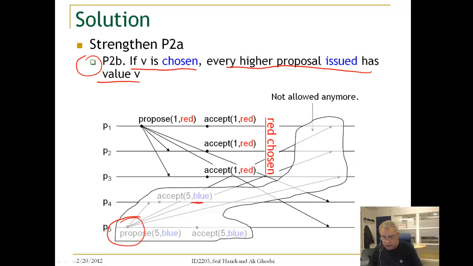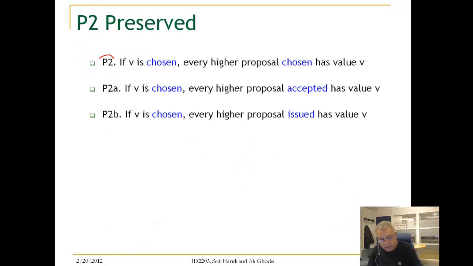We want to satisfy that if a value v is chosen, every higher proposal chosen has the value v, and we said this can be satisfied if a value is chosen, every higher proposal accepted has the value v, and this can be satisfied if a value is chosen, every higher proposal issued has the value v.